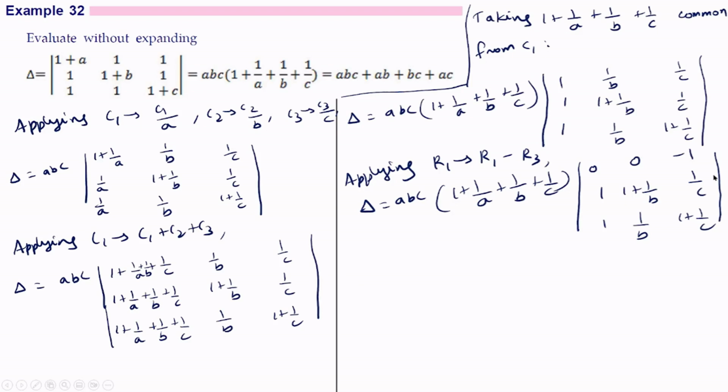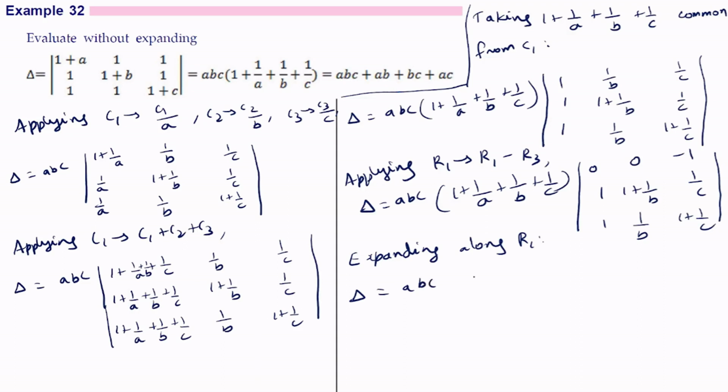And now we can expand along R1. So we will have 0 into this term 0, again 0 into this 0, then minus 1 into 1 by B minus 1 minus 1 by B. So we will be left with 1.